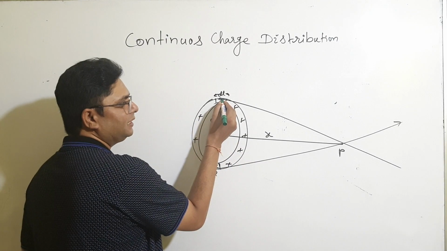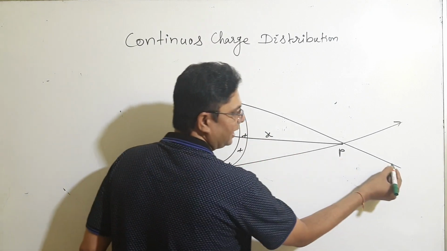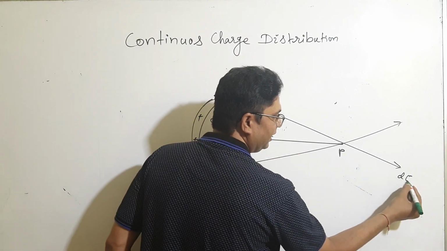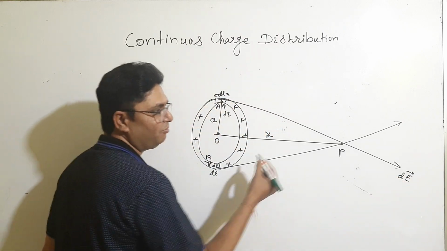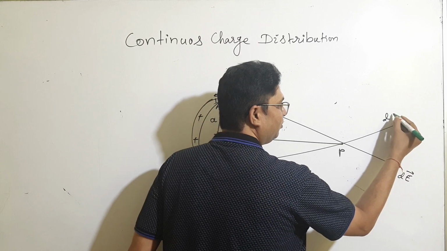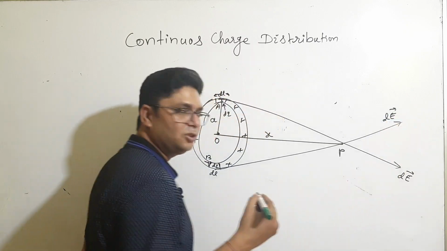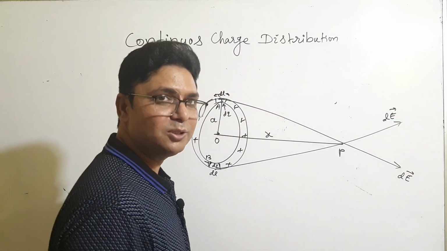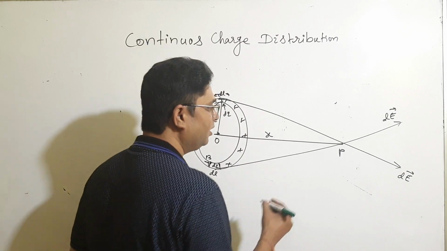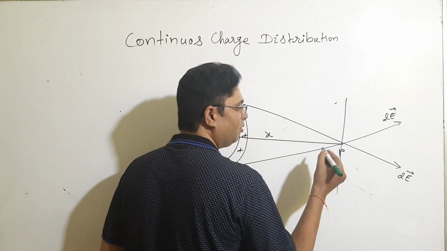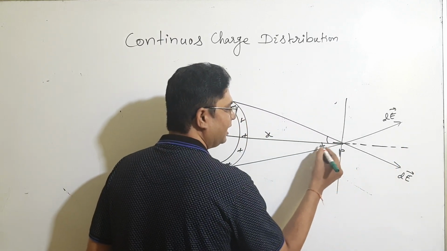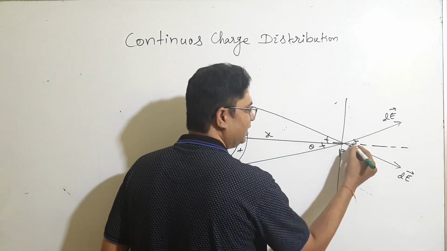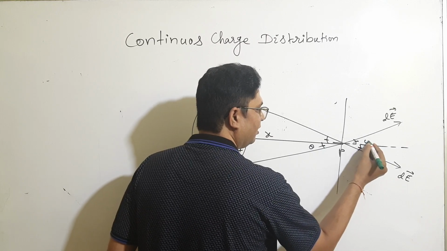Now this dl at point A produces an electric field dE at point P. In the same way, this dl at B produces an electric field at point P, which is again dE. Let us resolve dE into two components, a cos component and a sin component. For that, take a perpendicular here and extend this line. So this angle and this angle are the same, which is theta.